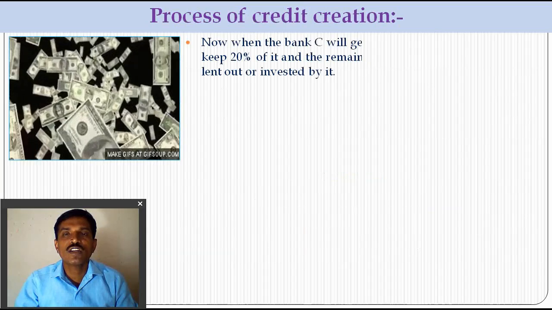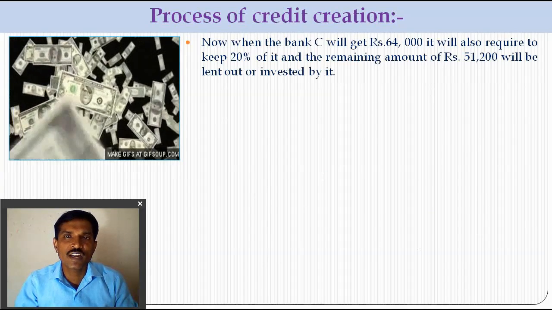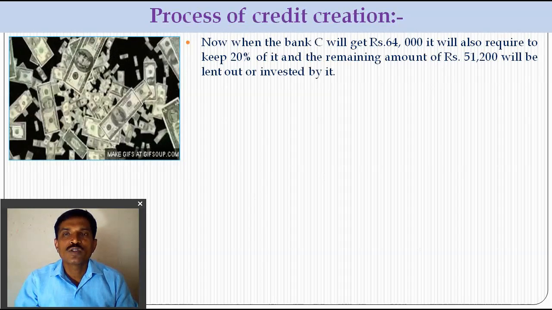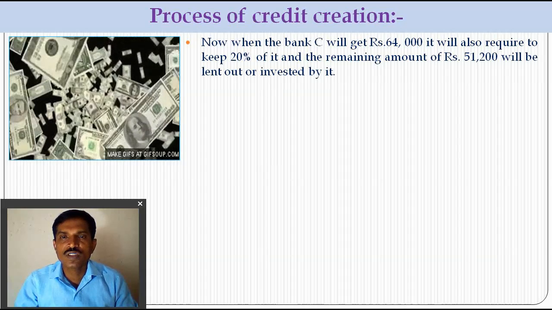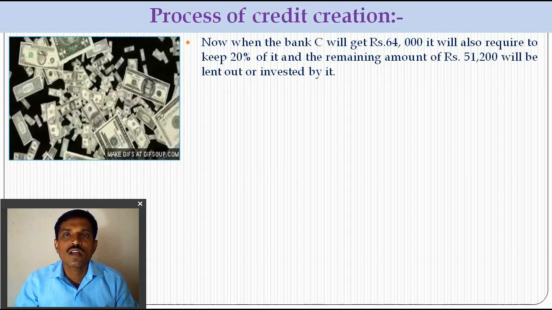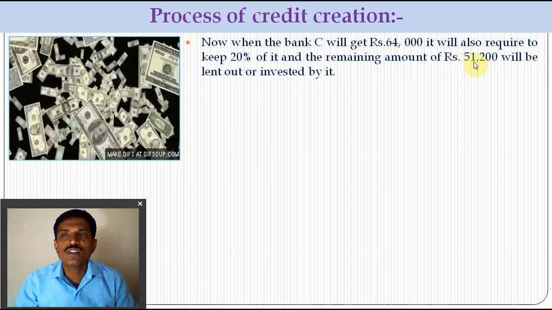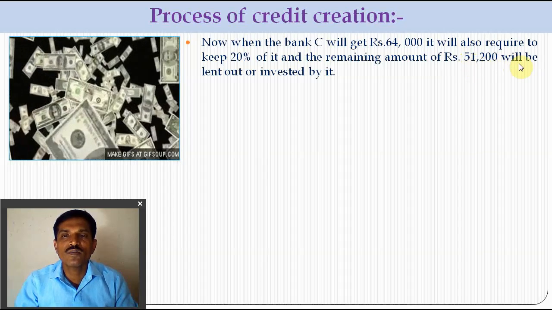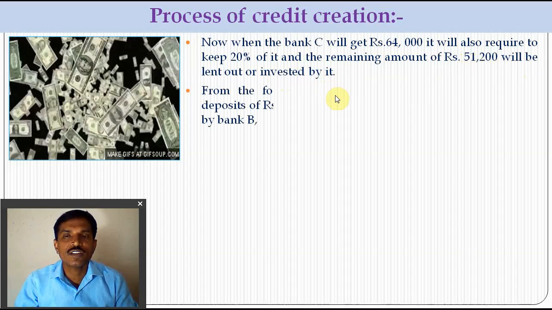How much money will be created through this credit creation is explained with one formula. When bank C gets the 64,000 rupees, it is required to keep 20% aside as per the central bank regulation CRR, and the amount of 51,200 will be lent out or invested by it.